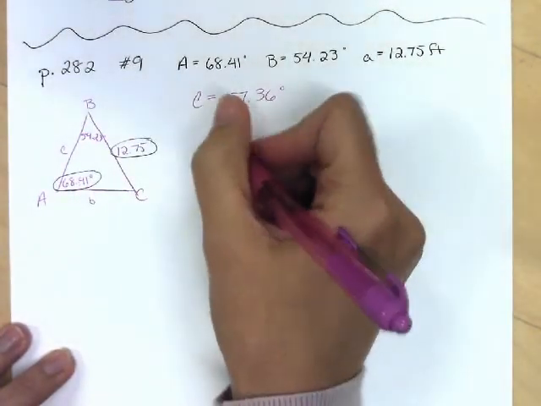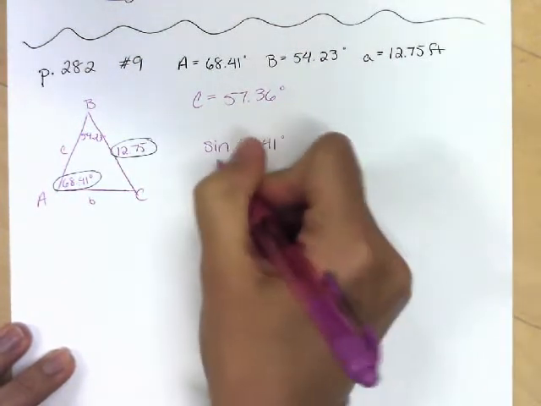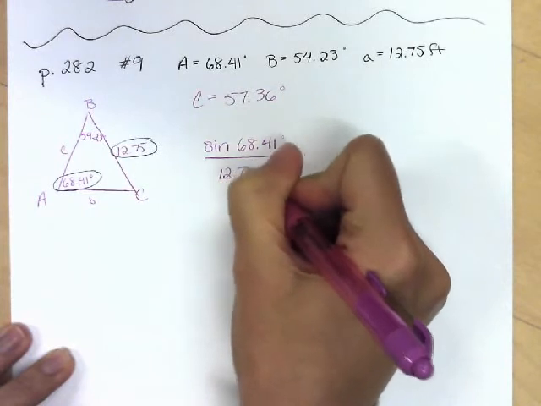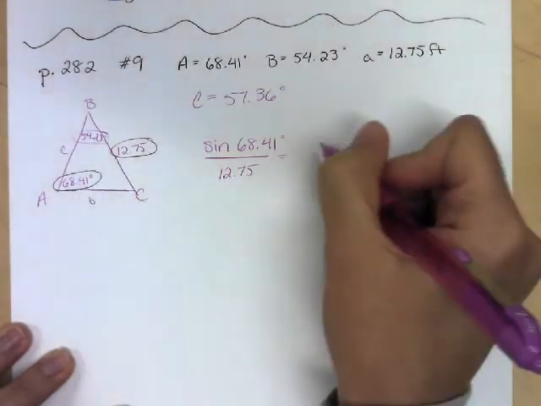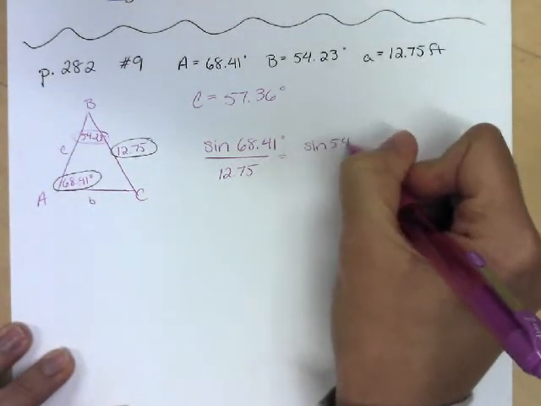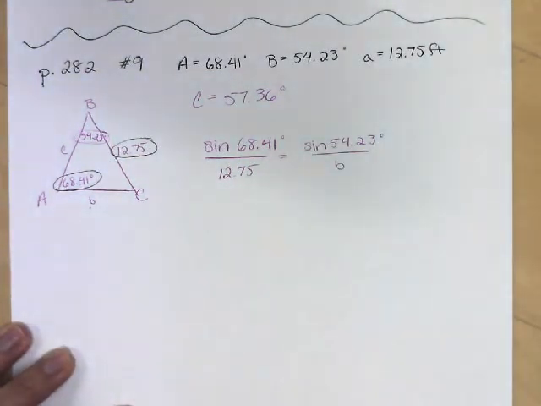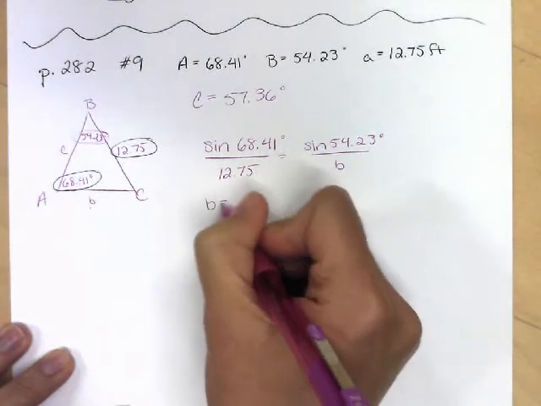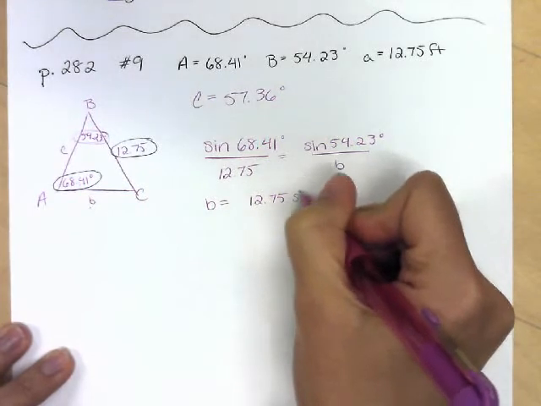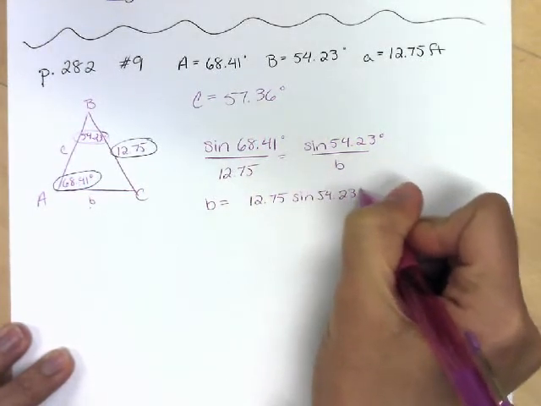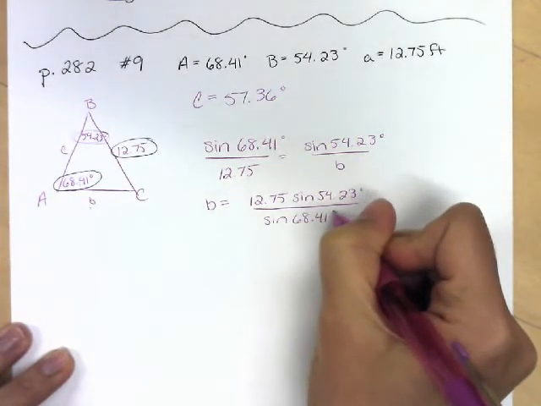So I can say sine of 68.41 degrees over 12.75 is proportional to, and I have this angle measure, so I can say sine of 54.23 degrees over side B. Solving this equation, B equals 12.75 times sine of 54.23 degrees divided by sine of 68.41 degrees.